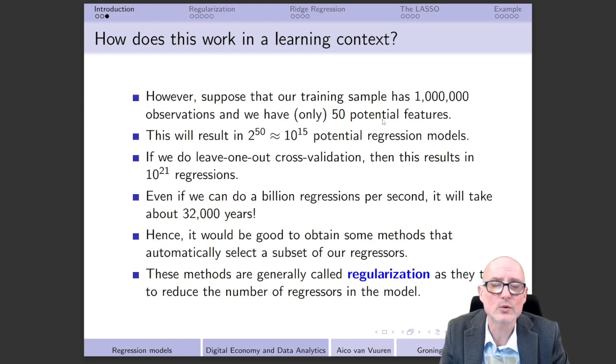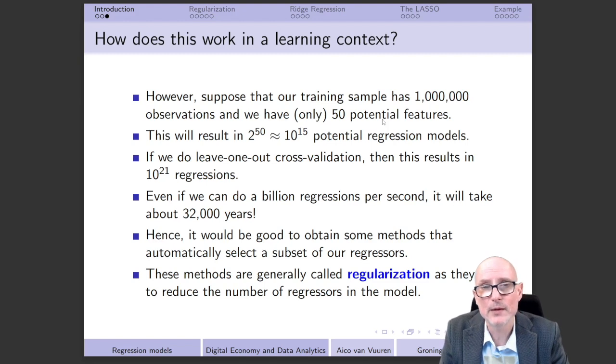It's not difficult to understand then that if I have two different features, I can run 4 different regressions. One not including any of the regressors, one in which I include both features, and then we still have 2 additional ones: one in which I include the first feature but not the second one, and the other way around, one in which I do not include the first feature but include the second.